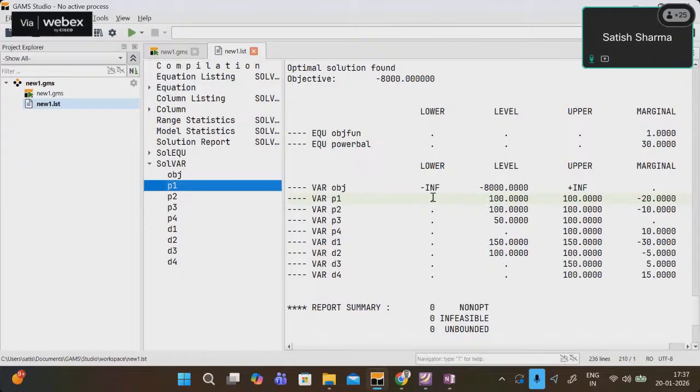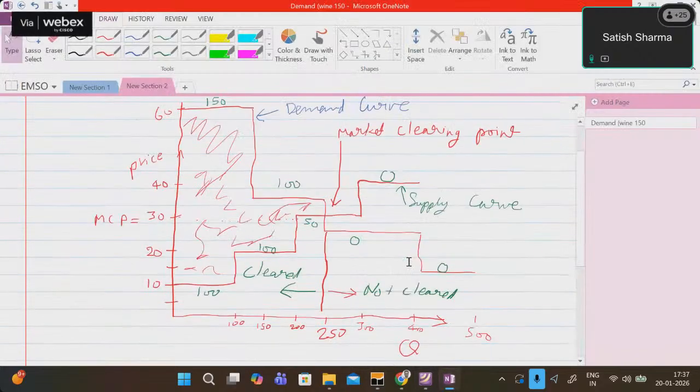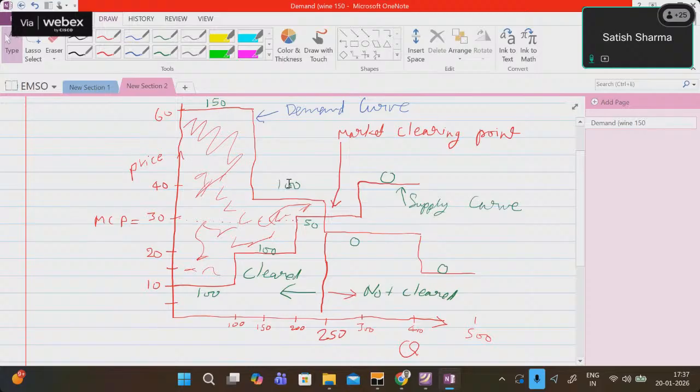That is a special thing: if anything is represented by a dot in GAMS, it is actually 0. So p1's lower limit is 0, upper limit is 100, and the solution is 100 for p1, 100 for p2, and 50 for p3. Similarly, d1 is 150 and d2 is 100. This is what we have basically obtained from here as well: 100, 150, 100, 150, and 100.